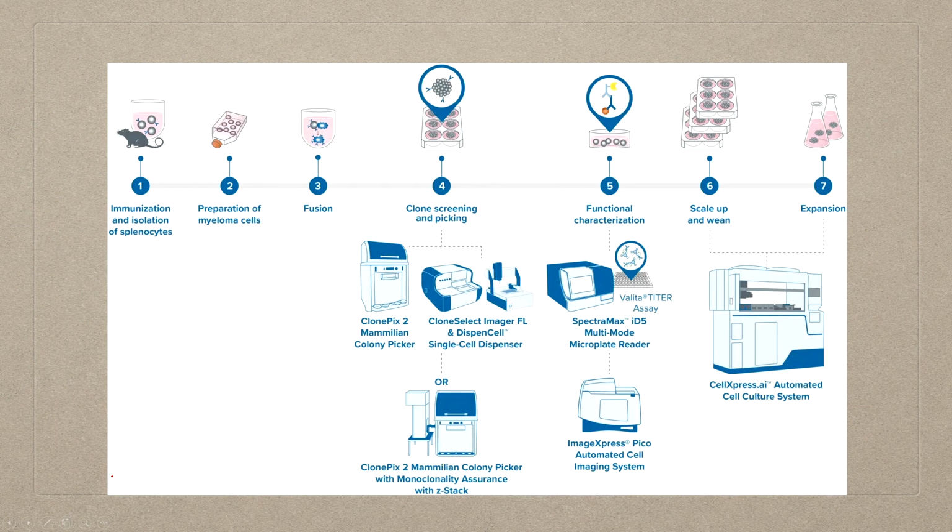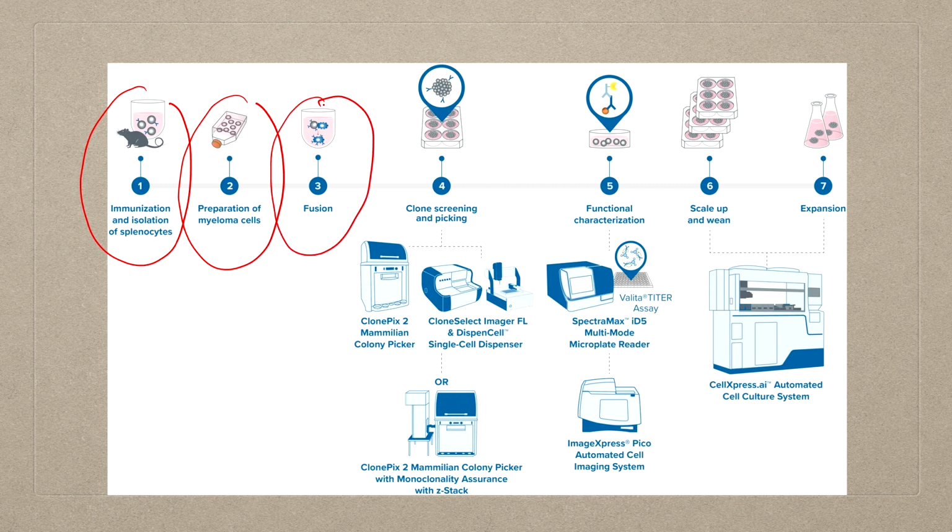So, if you summarize the whole thing: the process of immunization, preparation of myeloma cells, fusion of the myeloma, clone screening. Now, for clone screening, there are a lot of technologies which are currently being used. There are different vendors, like mammalian colony pickers, then you have clone select imager, single cell dispensers, and monoclonal assurance with the Z stack.